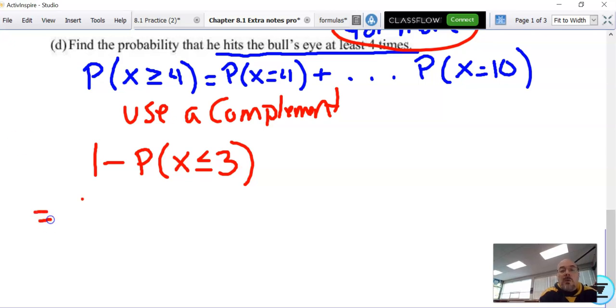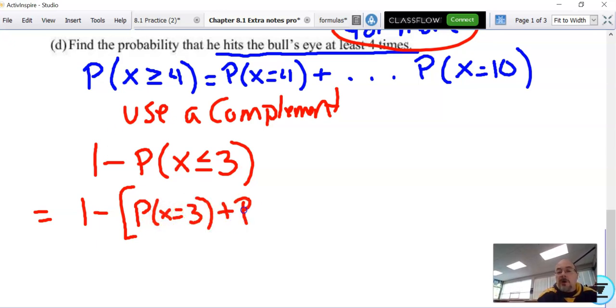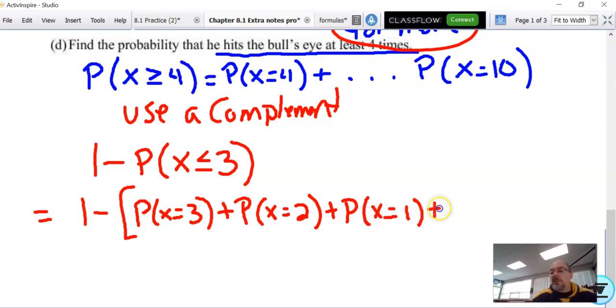So this would be 1 minus the probability of 3 plus the probability of 2 plus the probability of 1 plus the probability of 0. You're going, well, that doesn't look like all that much less work. Okay, it is, ladies and gentlemen.